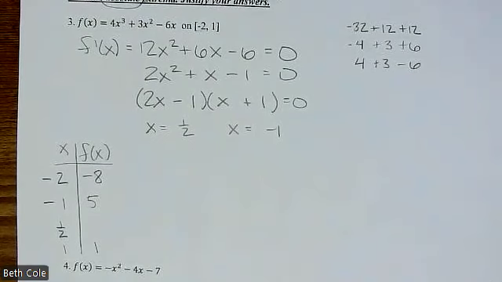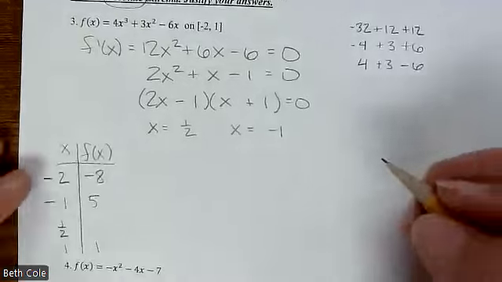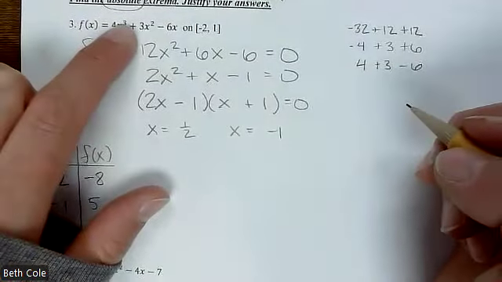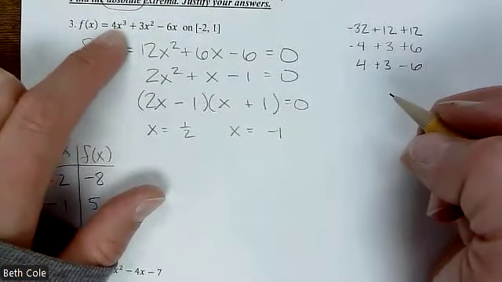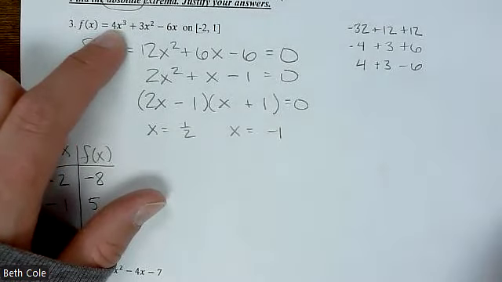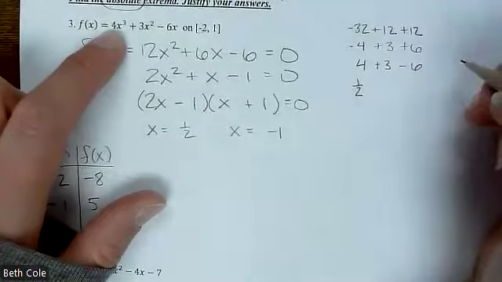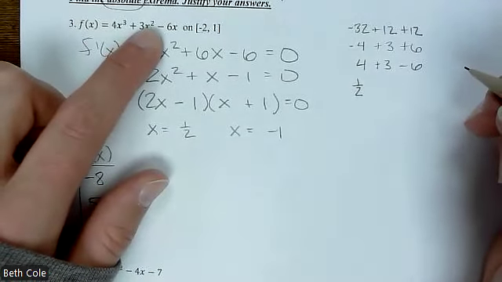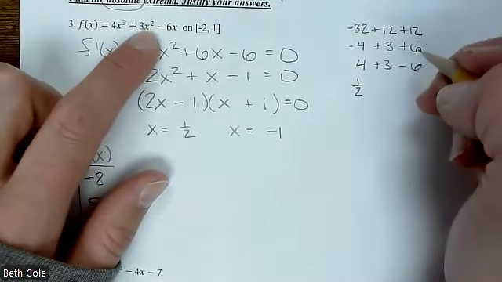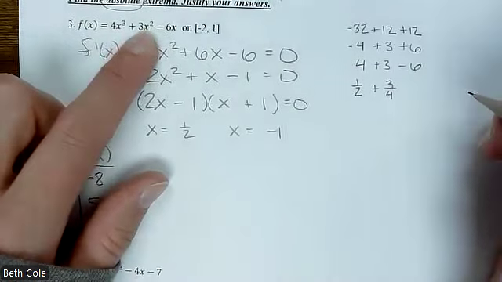Let's just see how far we get. I don't know. 1/2 isn't a bad number. If it was like 3/7, I'd go to the calculator right away. But let's see what we can do with a 1/2. 1/2 cubed, 1/8 times 4 would be 4/8, which is 1/2. Okay, we're still good. 1/2 squared, 1/4, so that'd be 3/4.